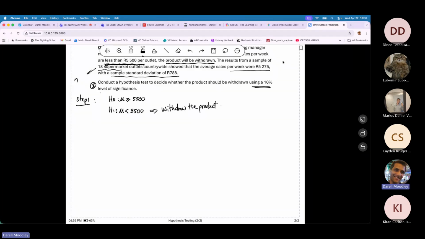Now, if you remember what I told you at the beginning of this lesson, because this time we have an inequality, we don't have the equals to like before. Now we have the less than and the greater than or equal to. So this is a one-tail test.